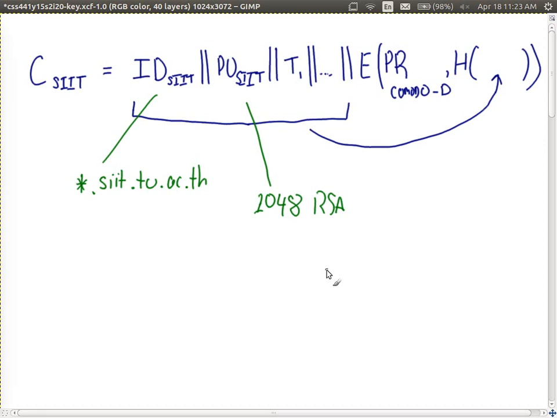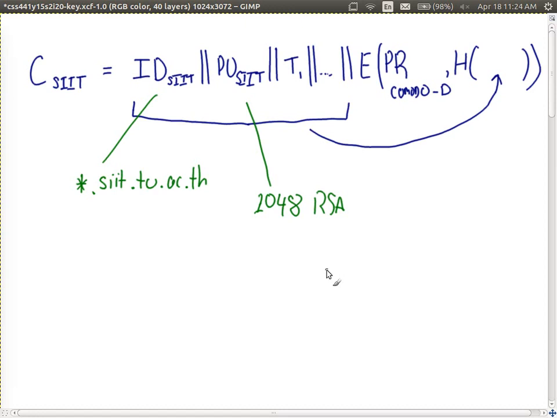So, to verify this, my browser needs the public key of Komodo. How do I store public keys now? In fact, a certificate is just a verified public key.